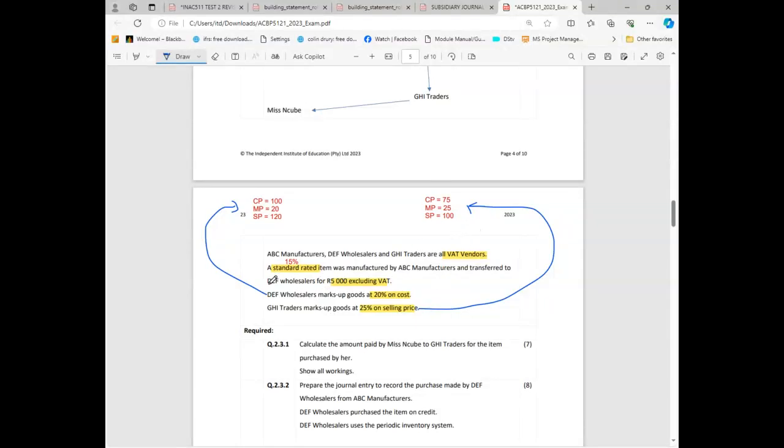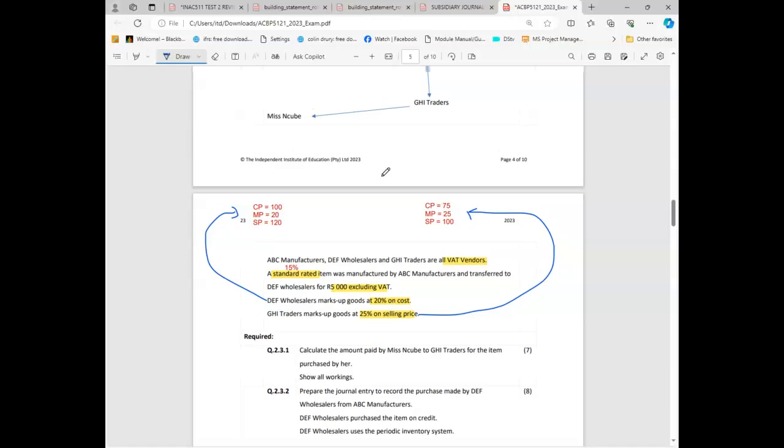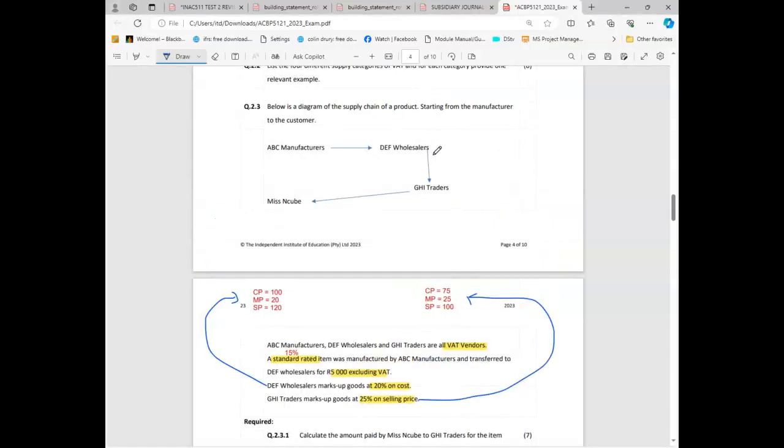Remember, firstly, this wholesaler, DEF. Can you see DEF? DEF sold to GHI, and they charged how much markup? 20% on cost.